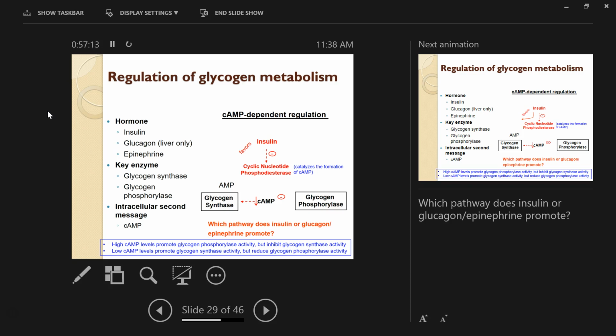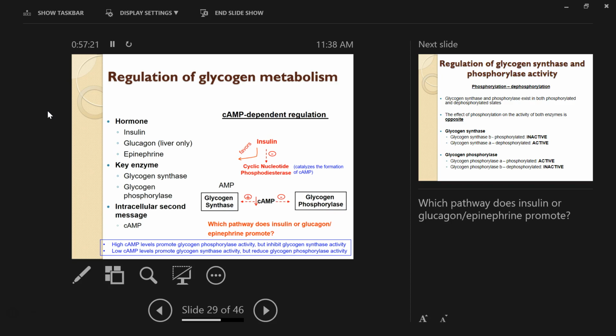So when this enzyme activity is decreased by insulin, the formation of cyclic AMP decreases, giving a lower cyclic AMP level in the fed condition. Then you stimulate glycogen synthesis, but in the meantime, glycogen phosphorylase activity decreases because of the lower cyclic AMP. Increased cyclic AMP stimulates glycogen phosphorylase.